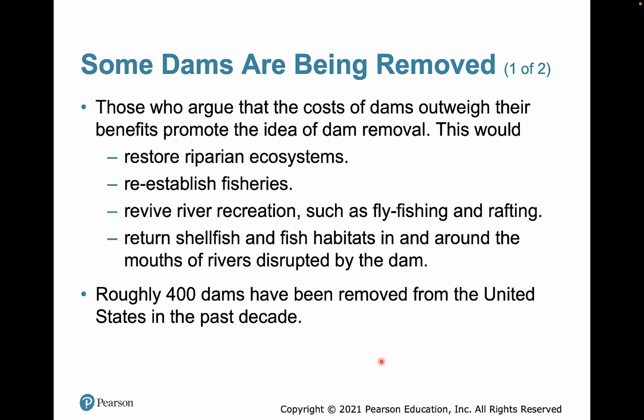And we've seen a return to more natural coastal habitats once the sediment flow is restored. And there have been about 400 dams removed from the U.S. in the last 10 years. I was witness to one of them right before it closed in 2010 on the Elwha River out in Washington, and we'll talk about that when we talk about our key points.